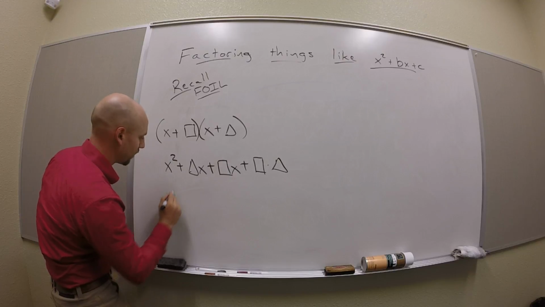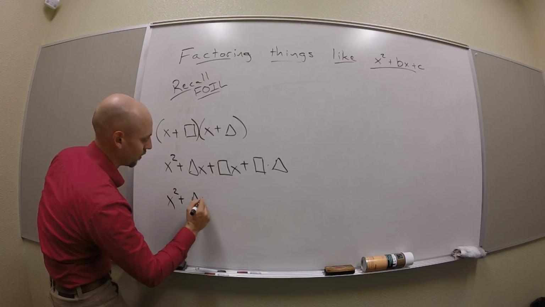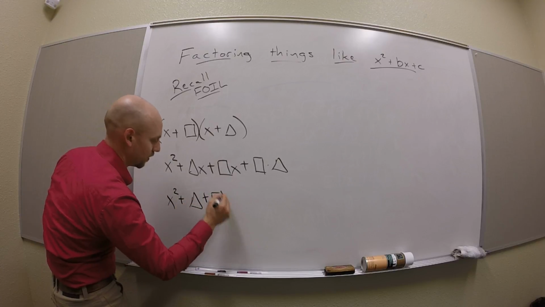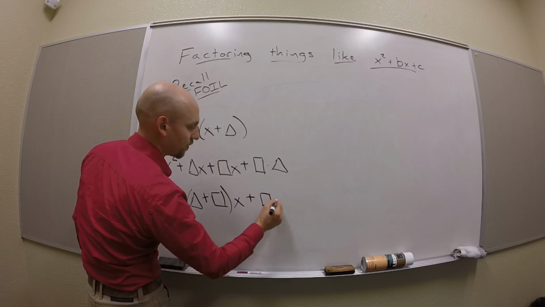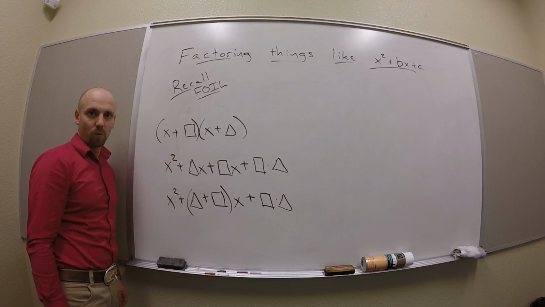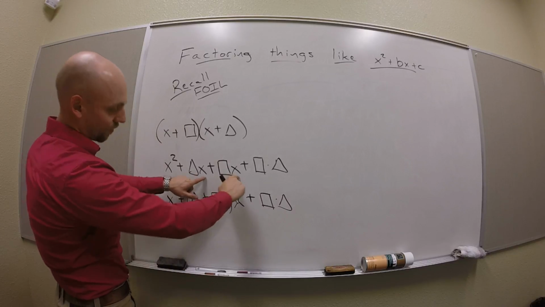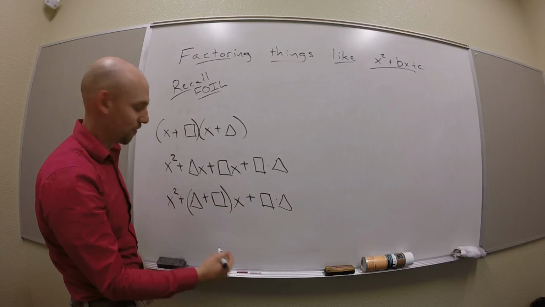So we can rewrite this as x squared plus triangle plus square, all in parentheses, times x plus square times triangle. You might notice that was a factor in x out that I did there.